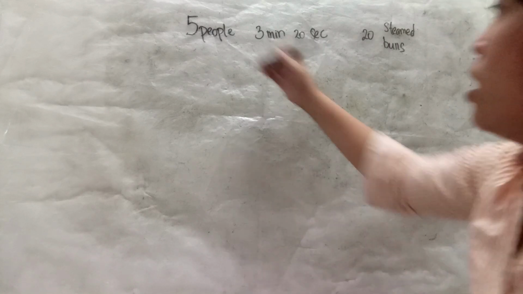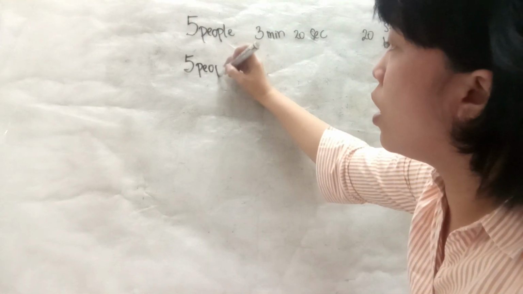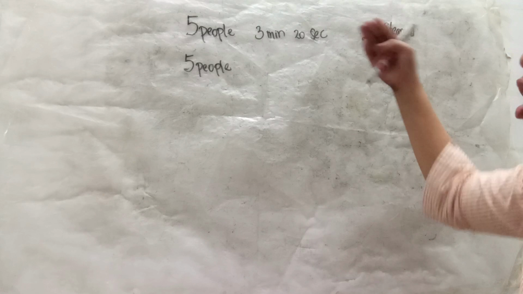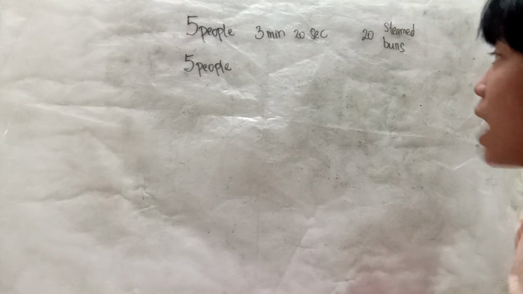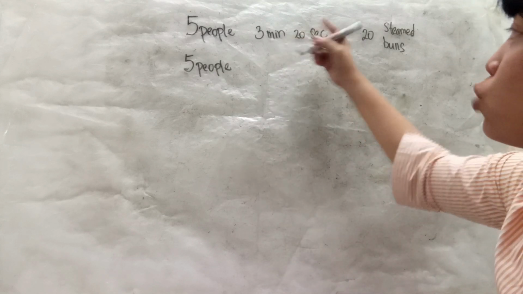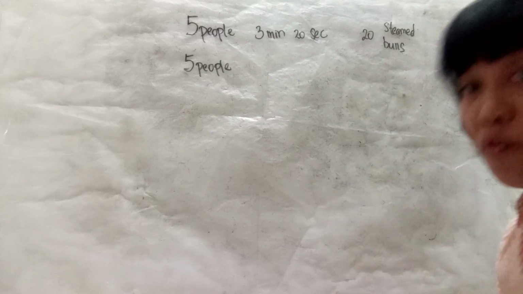Okay, so for 5 people, let's make this become minutes. 20 seconds is the same as 20 over 60 minutes. Why 20 over 60 minutes? Because in 1 minute there are 60 seconds. So 20 over 60, or we can make it directly 1 over 3.